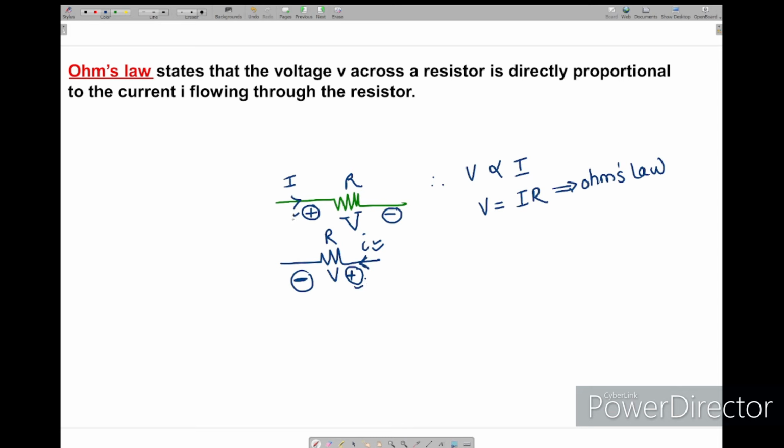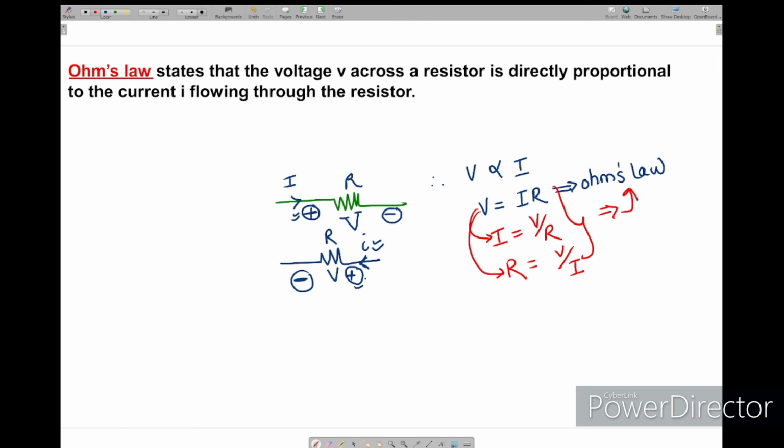And we can write three relations: V equals IR, I equals V by R, and R equals V by I. From this only I derived this, and from this only I derived this. So these three are forms of Ohm's law.